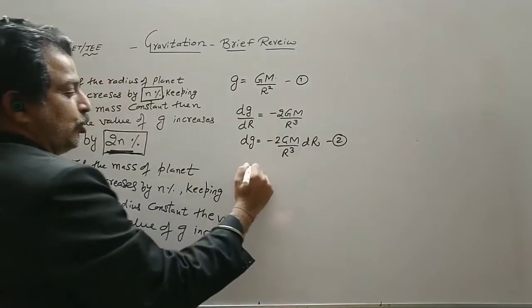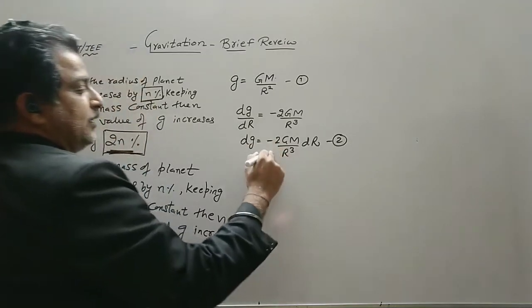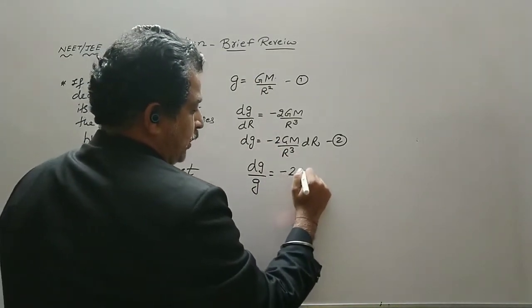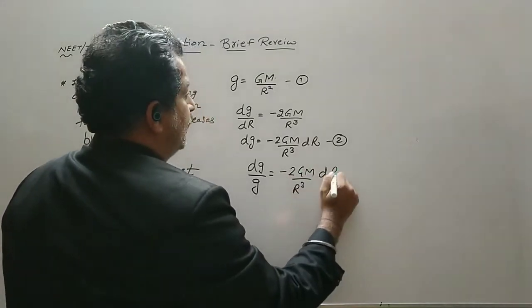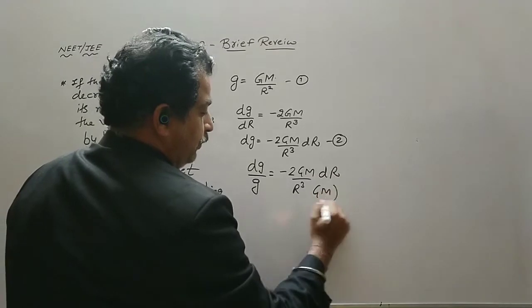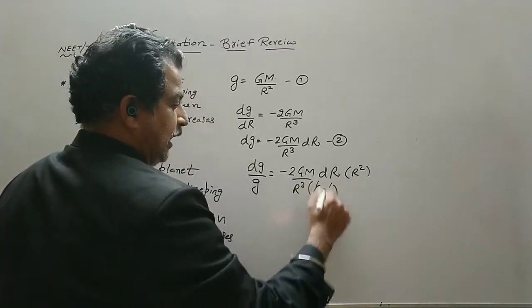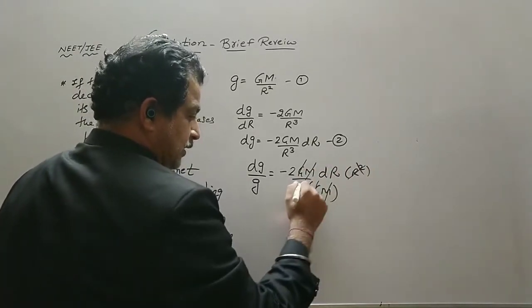Now we take a ratio. So dg upon g, that is this equation divided by this equation, comes out to be minus twice GM upon r cube dr, divided by GM upon r square, that is the g value. So GM upon r square is cancelled with this r.